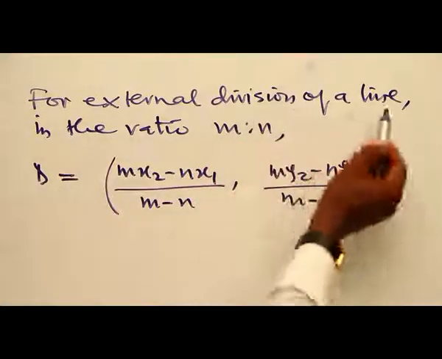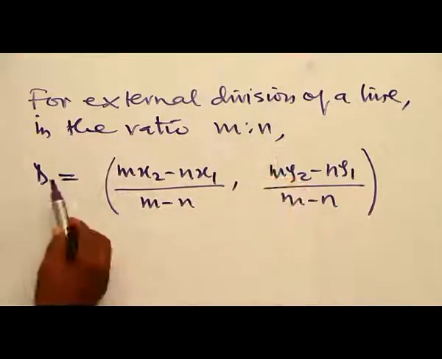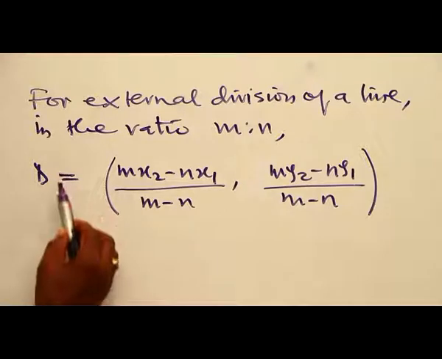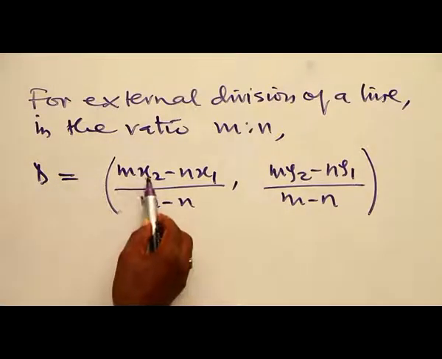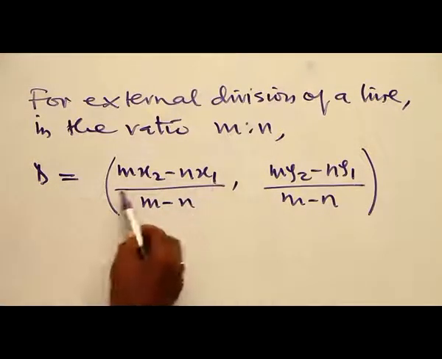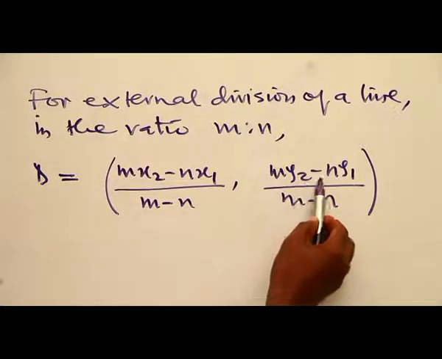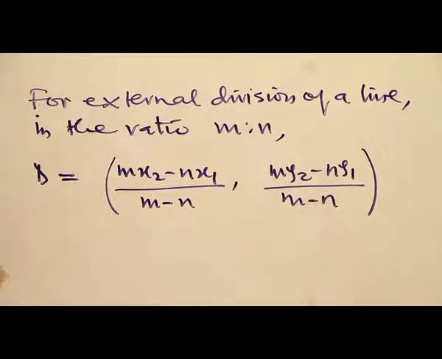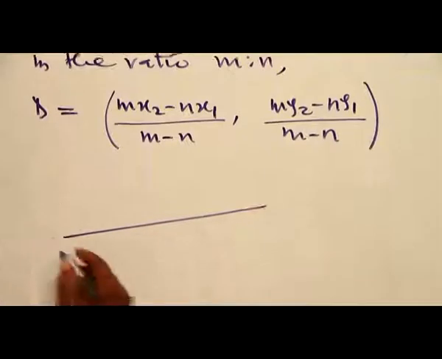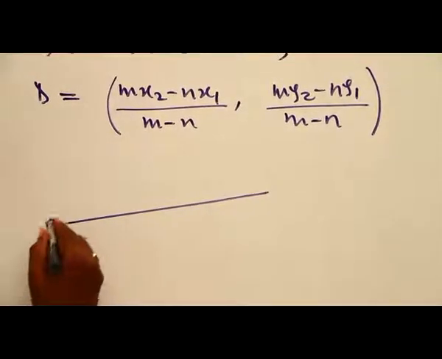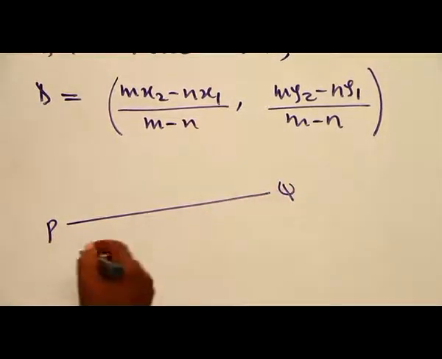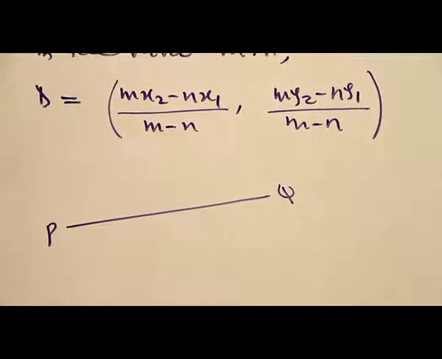For external division of a line in the ratio m to n, we will use the formula: d, that is the point, will be equal to (m x2 minus n x1) all over m minus n, and (m y2 minus n y1) all over m minus n. So, for example, if you have a line, let's call it the line PQ, and this line is divided externally.